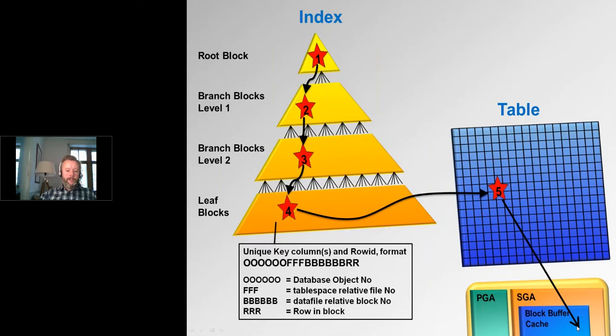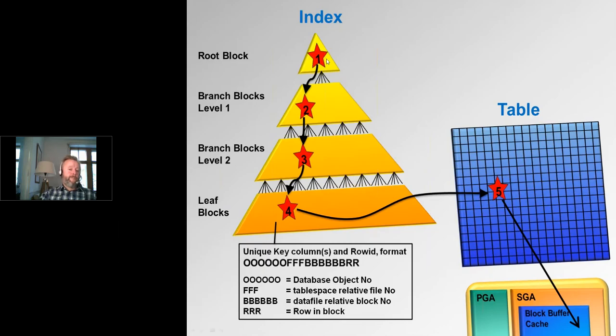and then that information gets put in the block buffer cache. And the reason indexes are so powerful is, it looks here like the branch level is holding 3 or 4 times the information the root block does, and the next branch level is holding 2 or 3 times the information of the branch level above. It's not. It's holding hundreds of times more information.